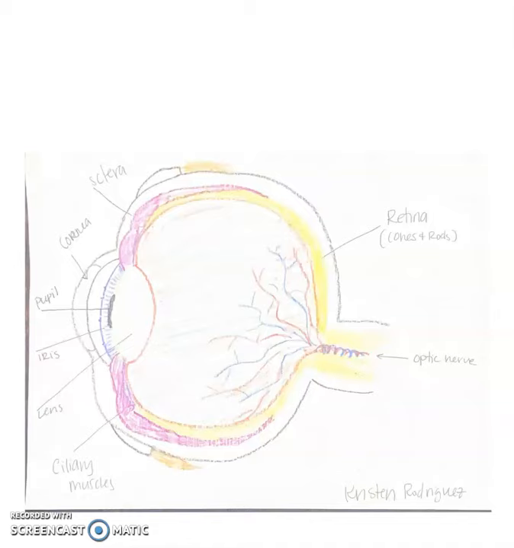Another common eye disease in adults is dry eye syndrome. Dry eye syndrome is the result of a lack of sufficient moisture on the eye surface. This can result in insufficient tear production or poor tear quality.